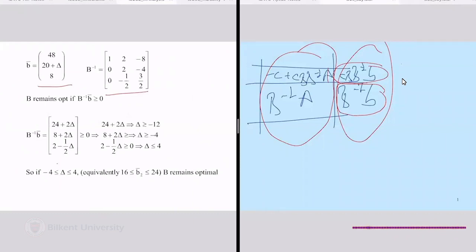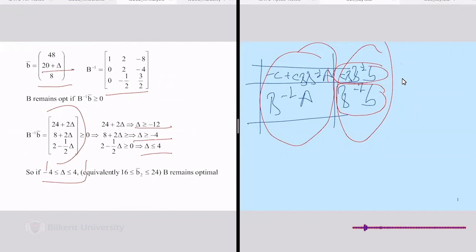I want this to be non-negative so that my current basis will remain optimal. You just do the math. You see that delta is greater than minus 12, greater than minus 4, and less than 4. So if delta is in this region, what was B2? B2 was 20.